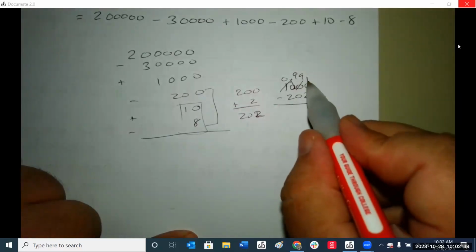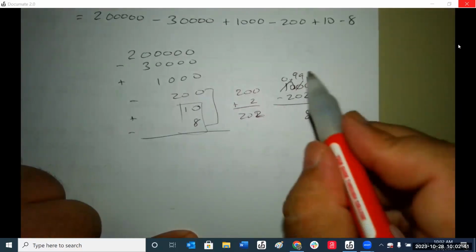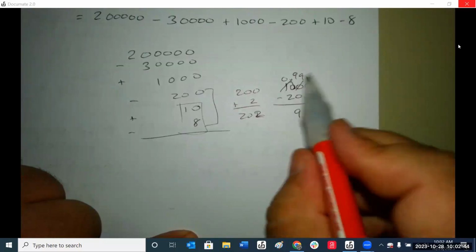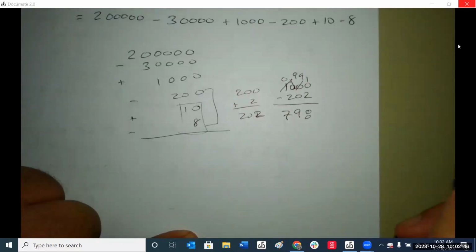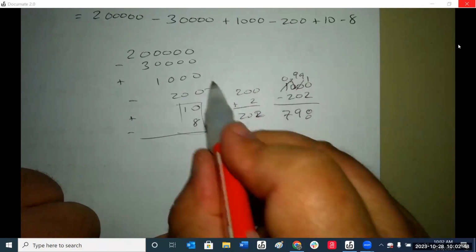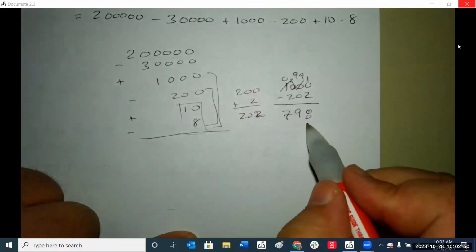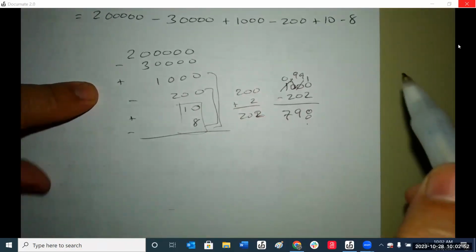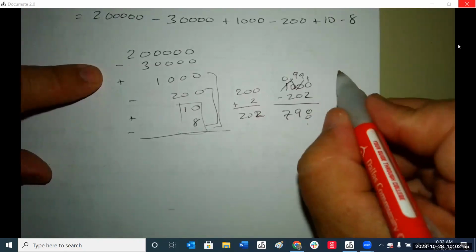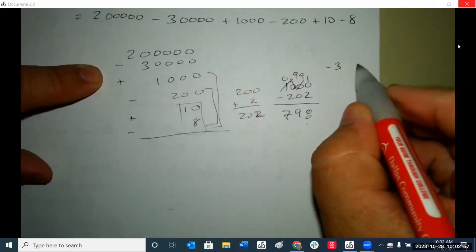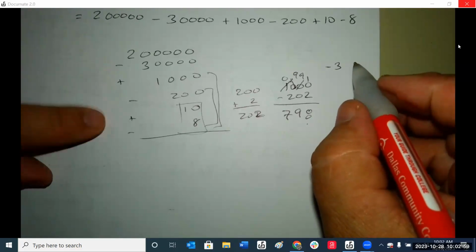You have to borrow 1 because 10 minus 2 is 8. 9 minus 0 is 9. 9 minus 2 is 7. So now, since it's a positive, we take negative 3. Ooh, hold it.